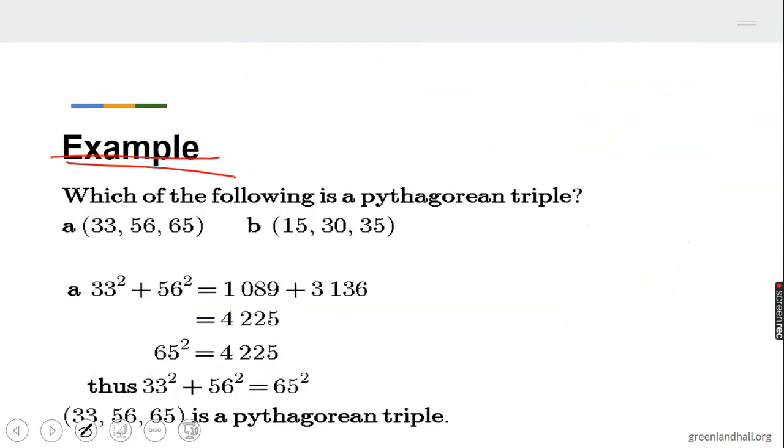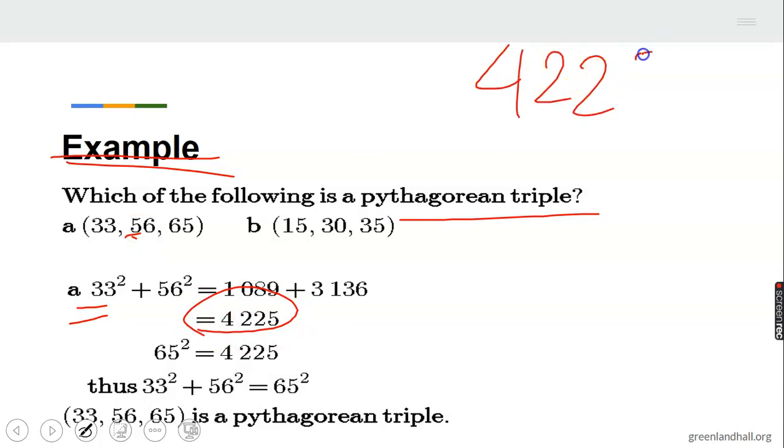Now look at this example. Which of the following is a Pythagorean triple? The first thing to do is you square 33 and 56. You sum them together. Now when you sum them, you have 4225. Now you find the square of 65.